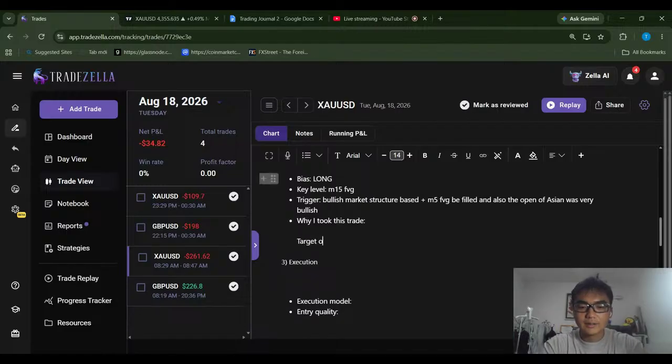The target, with good momentum, was a reasonable target at the external high. Market structure is clear.